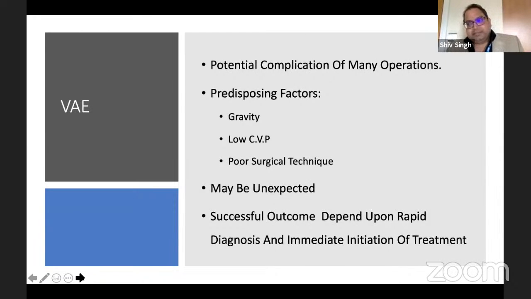Poor surgical technique, where the venous system is left open to the air, can also cause it. Okay, and it may be unexpected. The successful outcome depends upon the diagnosis and immediately managing the venous air embolism, whether the patient has a cardiorespiratory arrest, how you manage them, or how you suck out the air. Those are all very, very important.